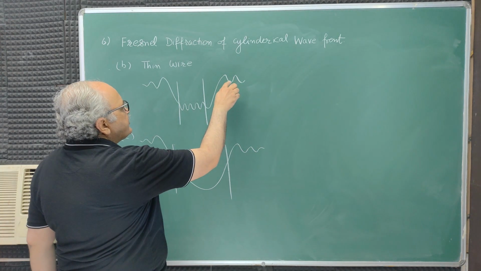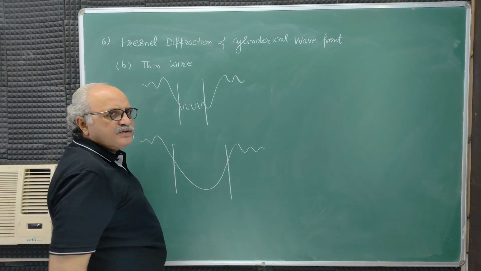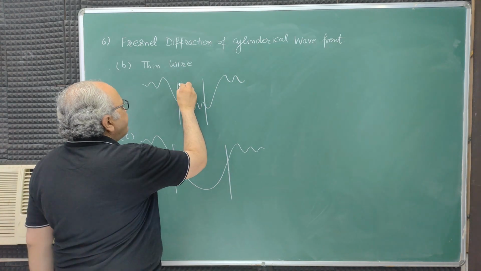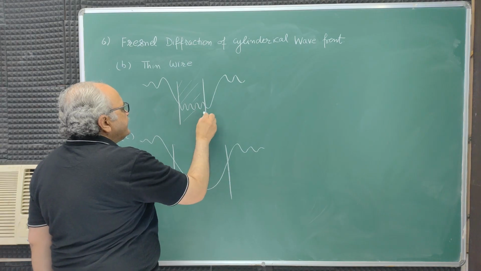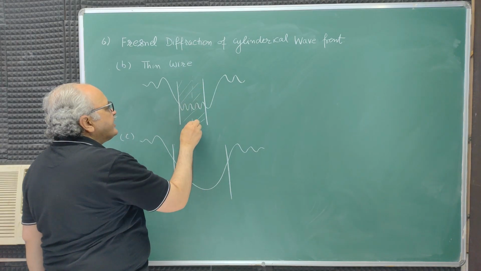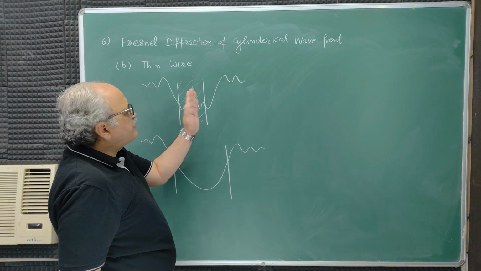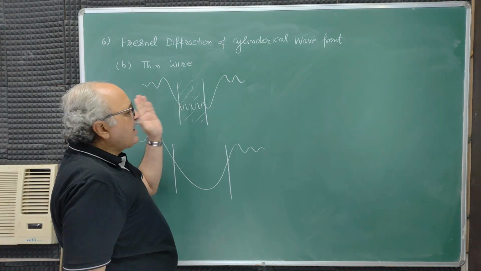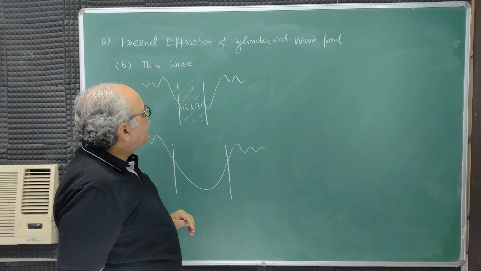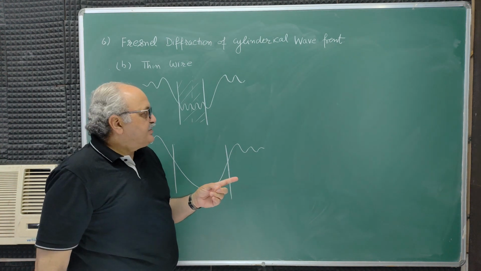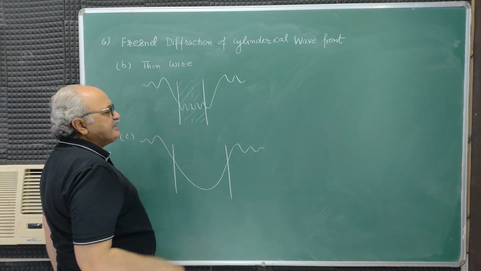Say this particular region is other than the shadow region, and we have a thin wire here. So half of the wire is creating a shadow region for one part and the remaining half for the other part. As we have seen in the straight edge case, we have the intensity variation like this.